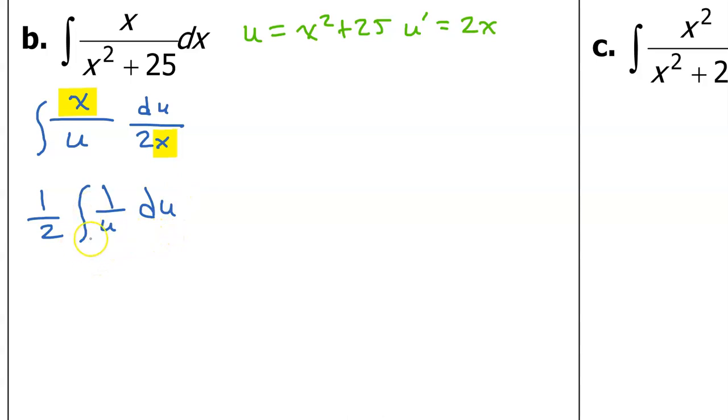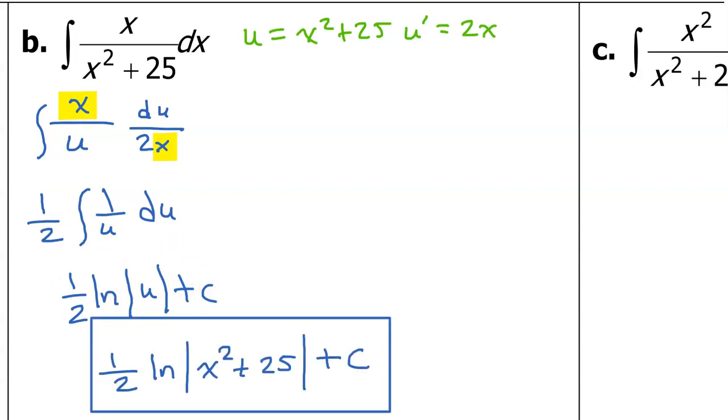The integral of 1 over u du is the natural log of the absolute value of u plus c. Because of the 1/2 in the front, we will bring that down. But make sure you have this rule memorized. Substituting x squared plus 25 for u, we have the final answer.